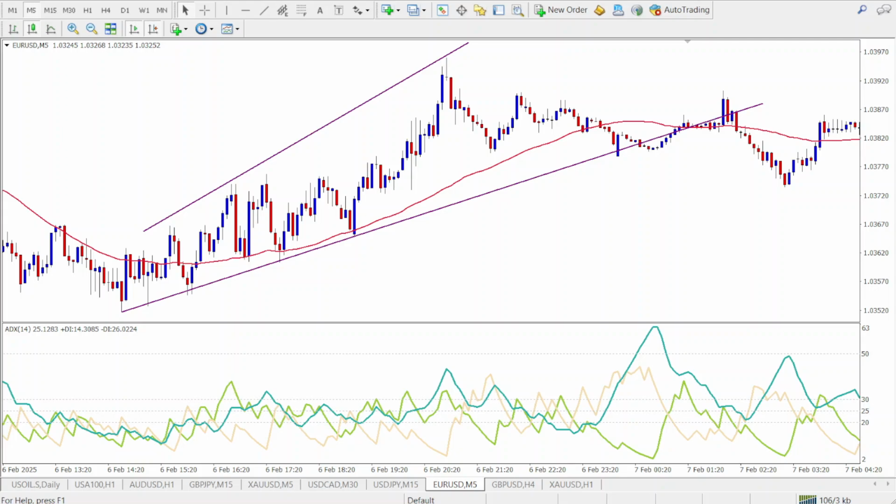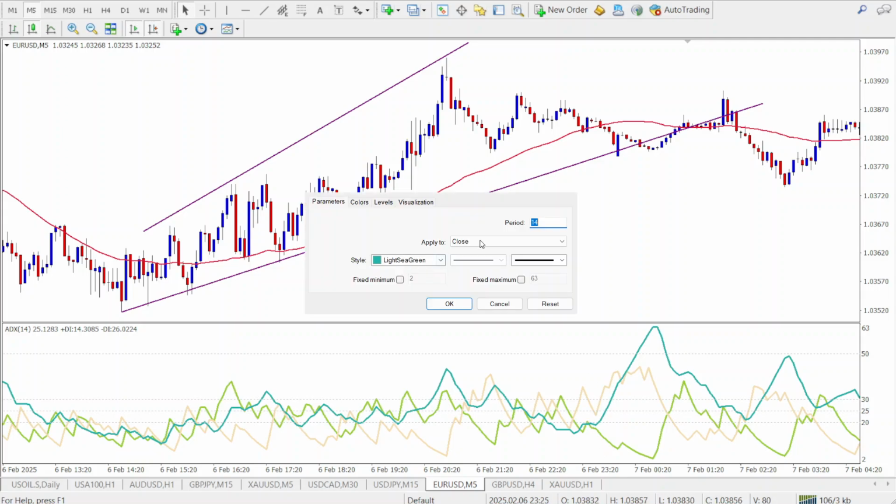Now, before you start using this strategy, let us talk about some common mistakes that traders make when using the ADX. And one of them is trading when ADX is too low. So if ADX is below 20, this strategy that we are using is basically focused on the ADX.